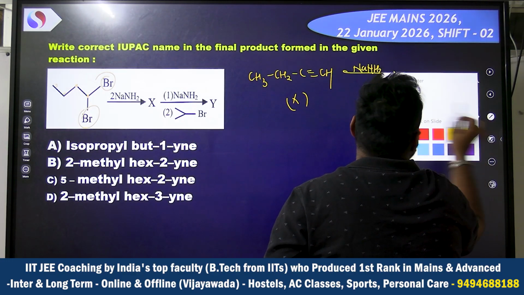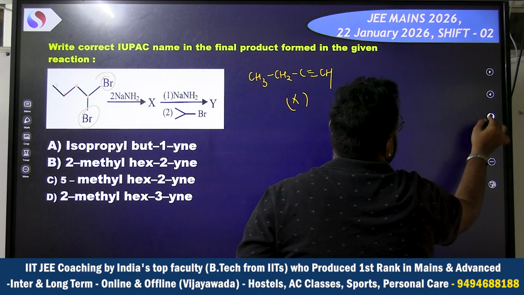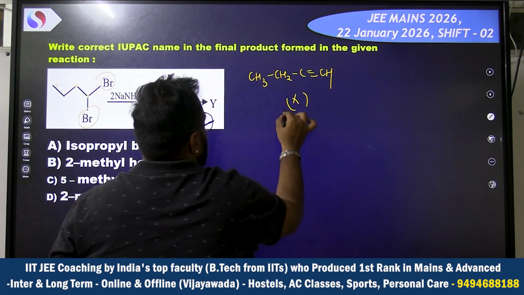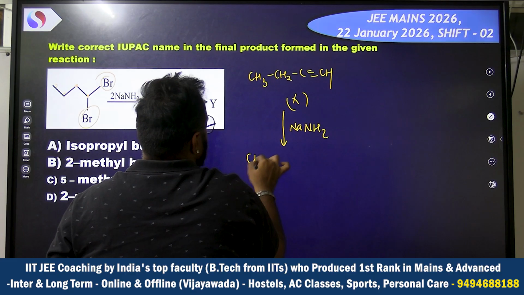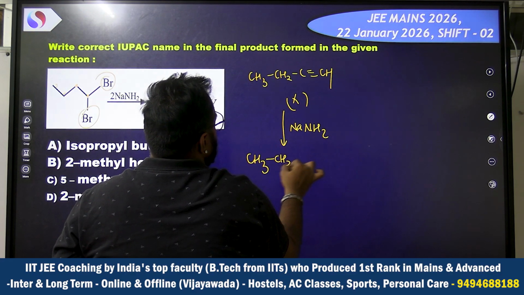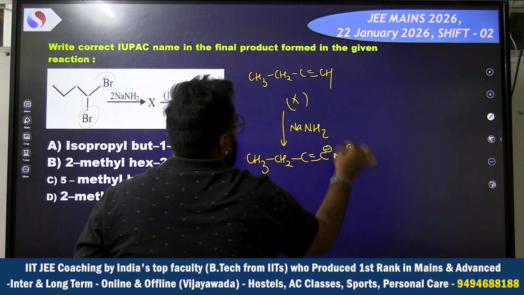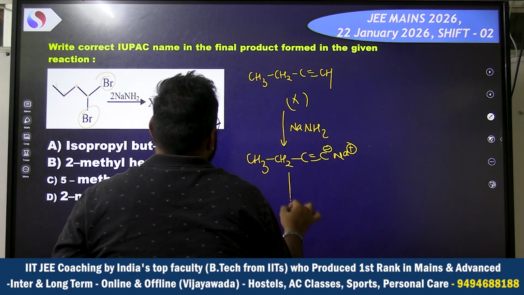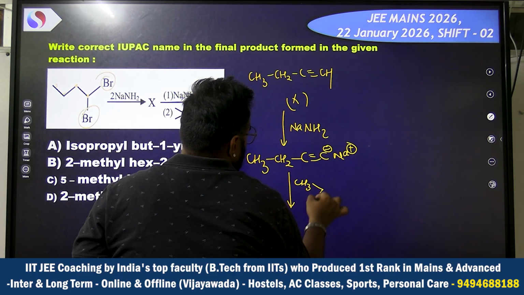Let me write like this over here: NaNH2, CH3, CH2, C triple bond C Na plus. This is obtained, and on this, what are we doing?